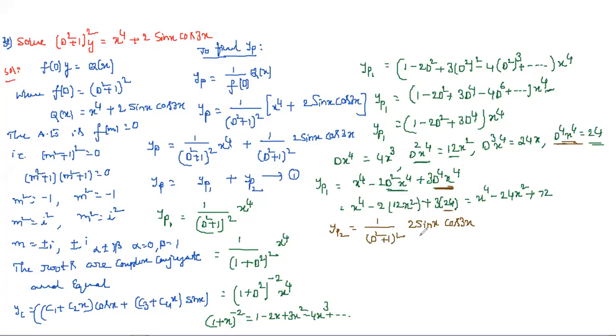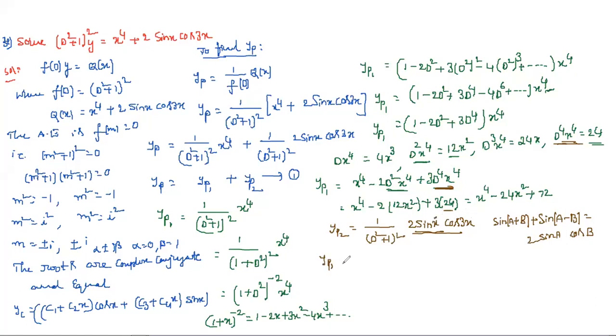So for that, first we need to convert it into type 2. Is there any formula for this? Yes, sin(A+B) plus sin(A-B) is equal to 2 sin A cos B. Here we have 2 sin x cos 3x, which means A is x and B is 3x.